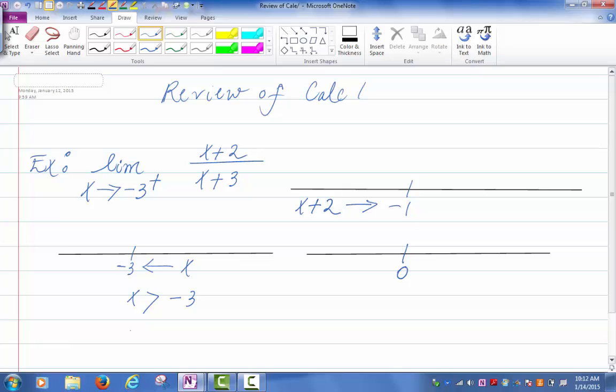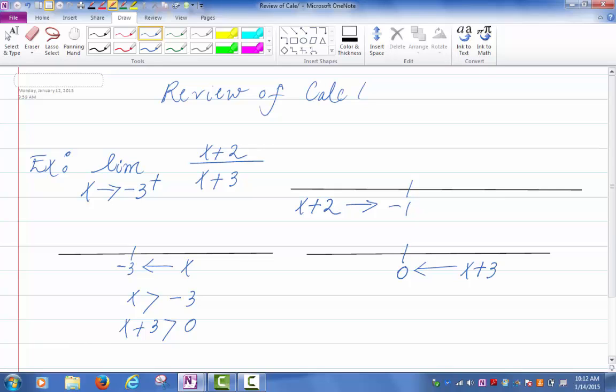So that means x plus 3 is greater than 0. So that tells you that x plus 3 is going to 0 from the right side of 0, right? Am I making sense? So x plus 3 is positive, and it's going to 0, okay?